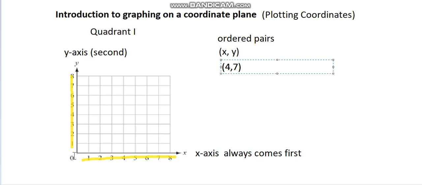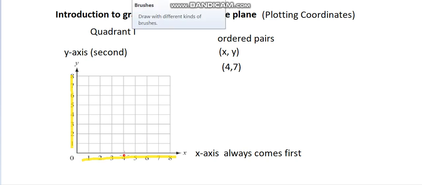So I'm going to look along my x-axis until I have successfully located 4 on the x-axis, and I know that my dot is going to lie somewhere along this line. Now, what I'm going to do second is find 7 on the y-axis.